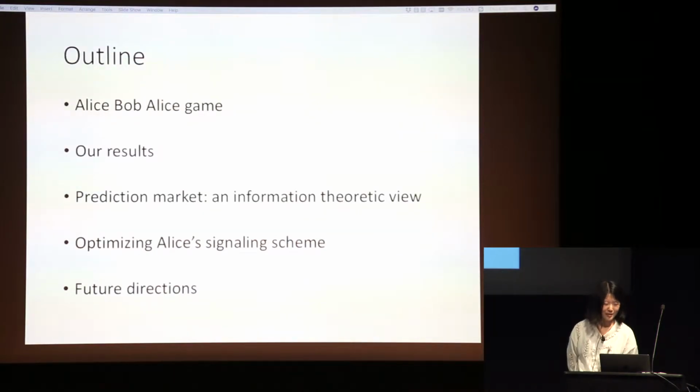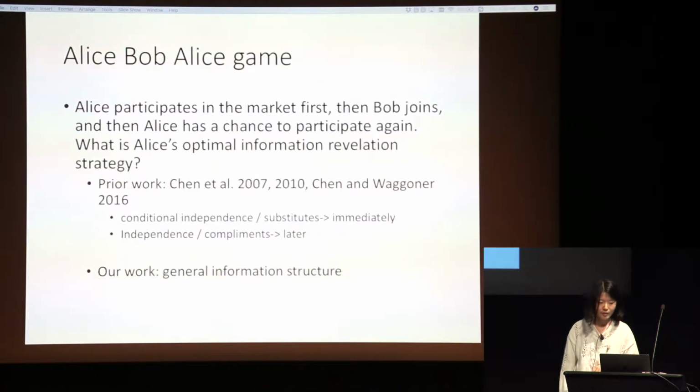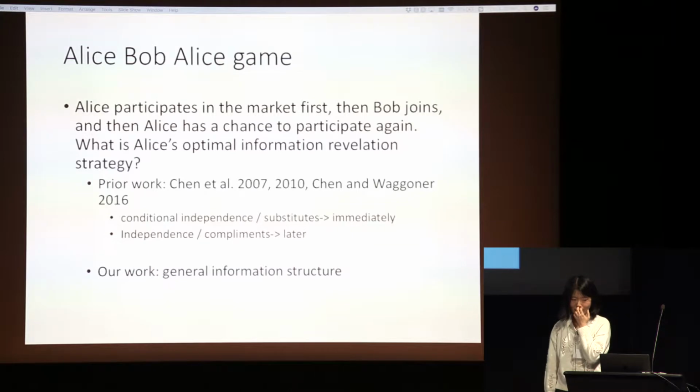Okay, so this is the outline. We're going to first talk about the Alice game, then show our results, and then show how to obtain them. This game was actually proposed by Chen and several people in 2007 and 2010, and it was studied by Chen and Wagner in 2016.